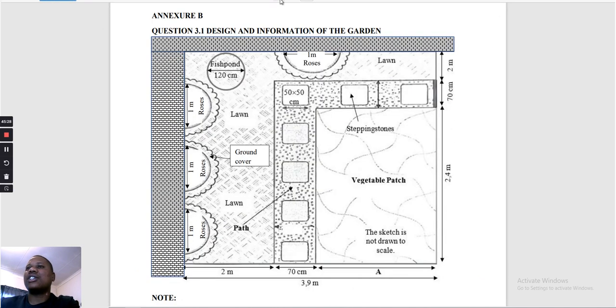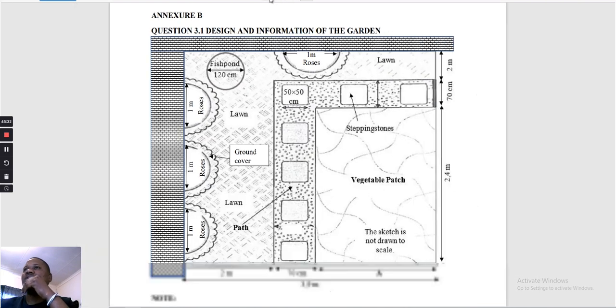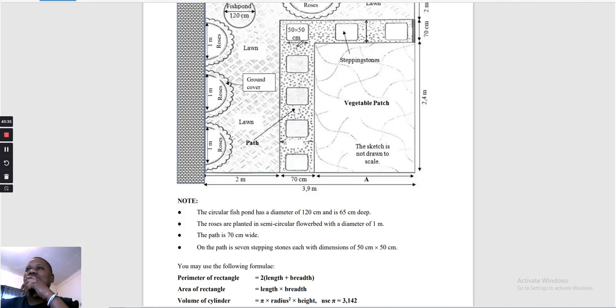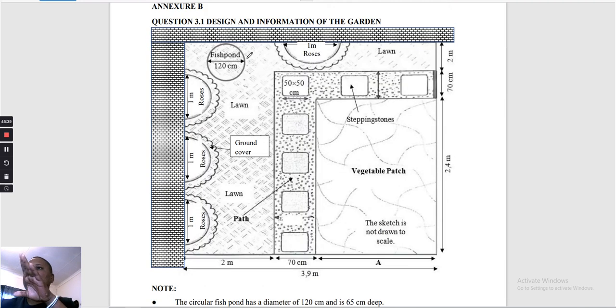This is annexure B. Let me just zoom back so that we can see other information here. We can see the fish pond, the roses, the lawn, the vegetable patch, the stepping stones, and then the path in between the stepping stones.